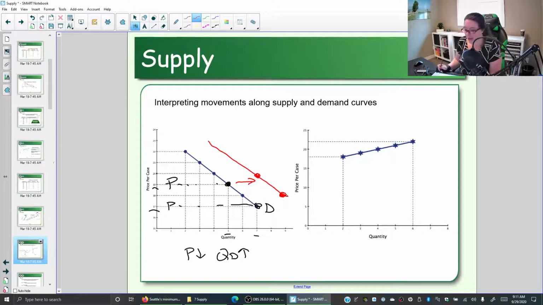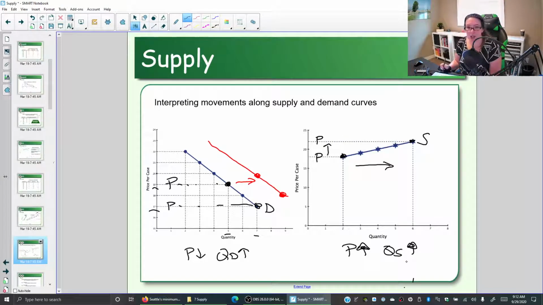Alternatively, if we look at the supply curve, so here's our upward sloping supply curve. When we change the price, it changes quantity supplied. Well, make sure we're talking about producers, businesses here. So a price change changes quantity supplied.